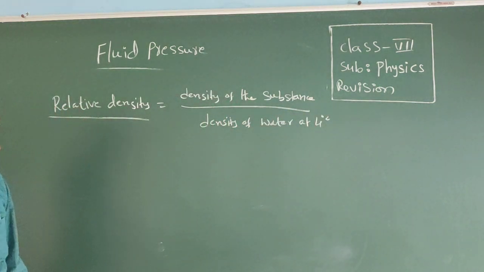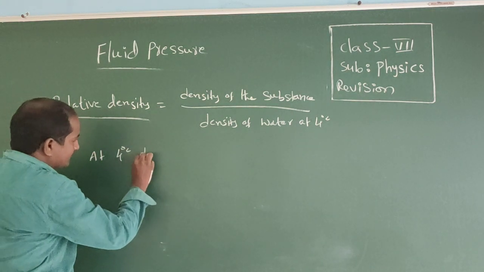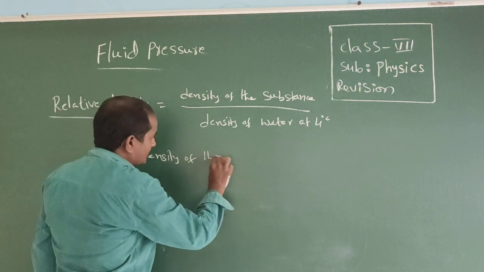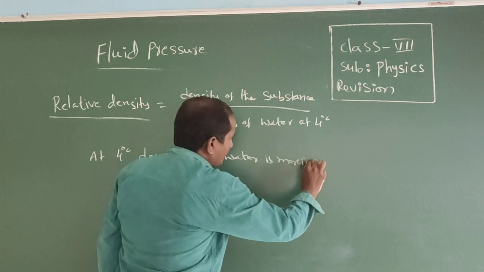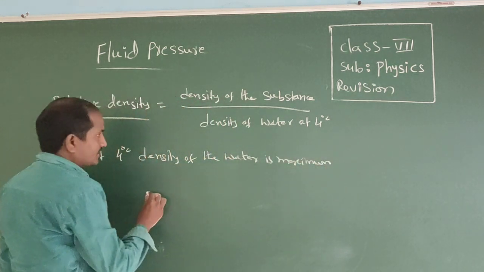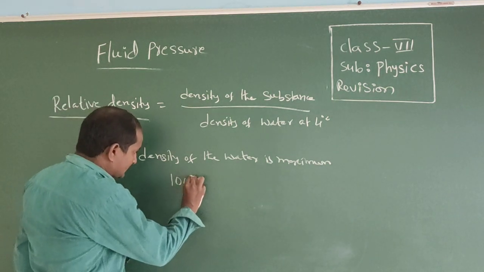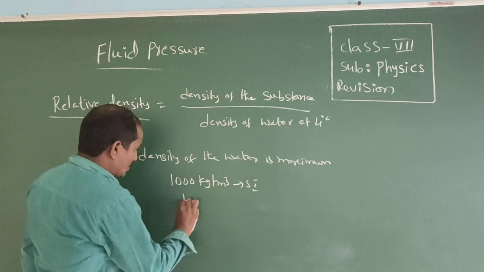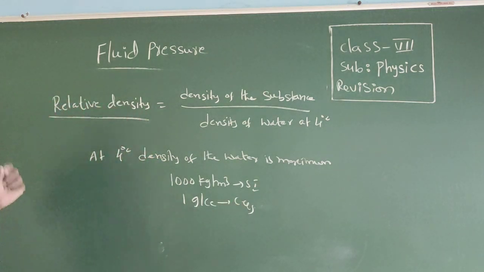At 4 degrees Celsius, the density of water is maximum, that is 1000 kg per meter cube in SI, 1 gram per cc in CGS. So relative density equals density of the substance by density of the water at 4 degrees Celsius.